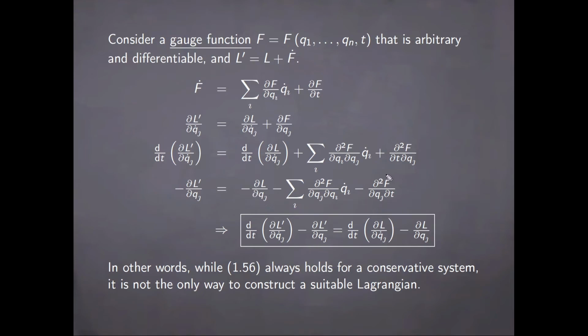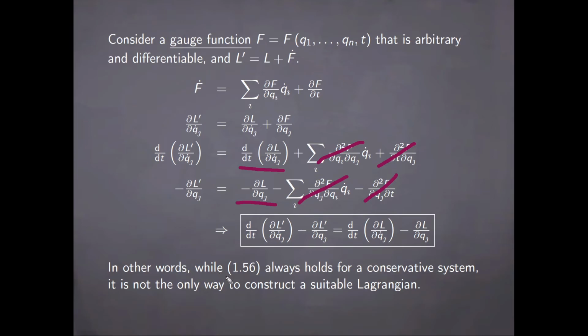And now you see that if we add the two together, these terms vanish, and these terms vanish, and we are left with only these two. So you see that we obtain the same equations of motion.